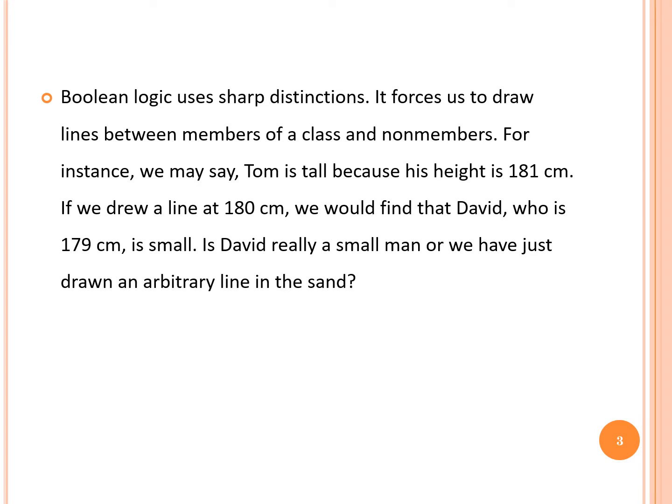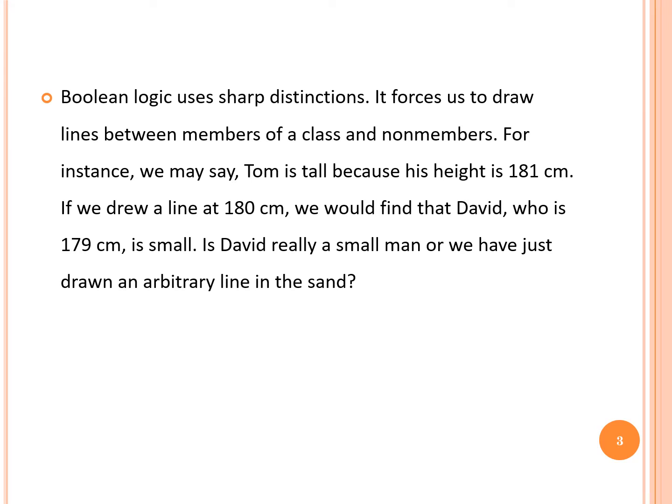Okay, Boolean logic uses sharp distinctions. It doesn't have any in-between value. It forces us to draw lines between members of a class and non-members.